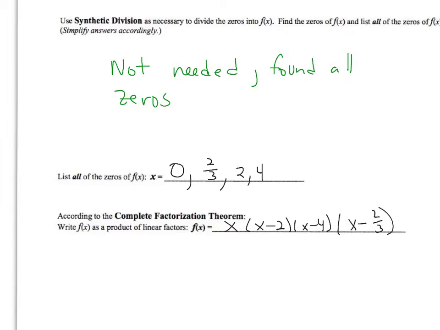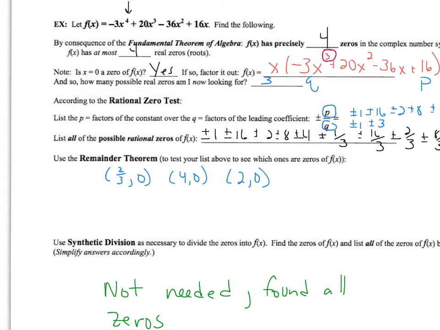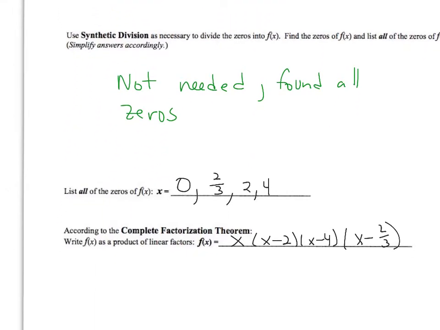But I will claim to you, if I FOIL this out, I will not get the same polynomial I got way up at the top, because you notice the first term is 3, and I have just x, x, x, x. So to make sure this is factored correctly, whatever the number is in front, in this case it was 3, you just want to tack that 3 right out front. So this would be the factorization.